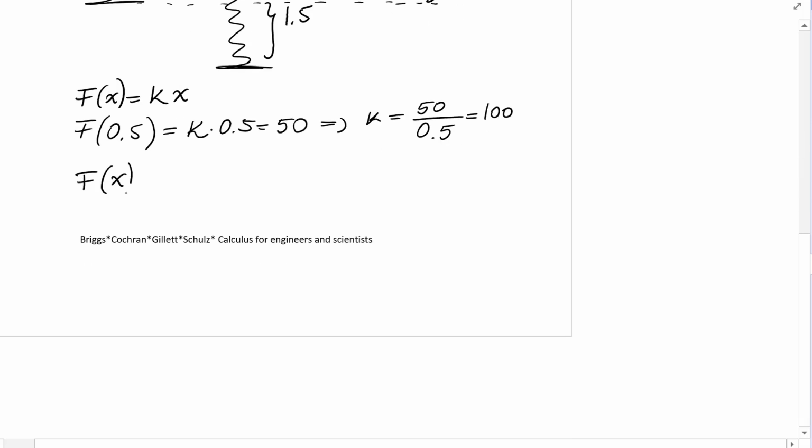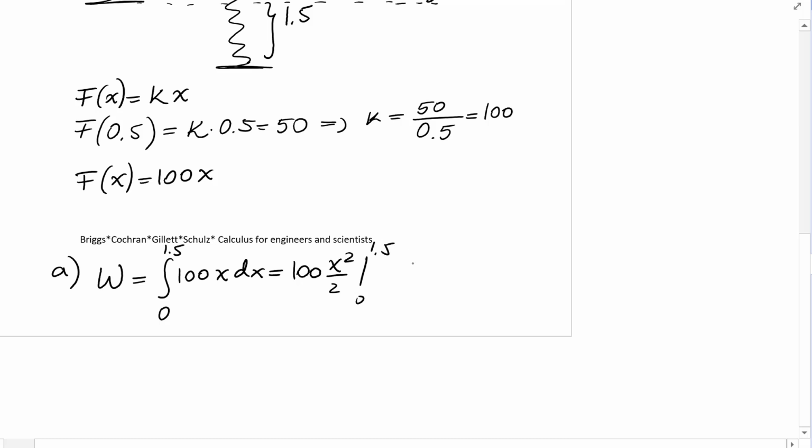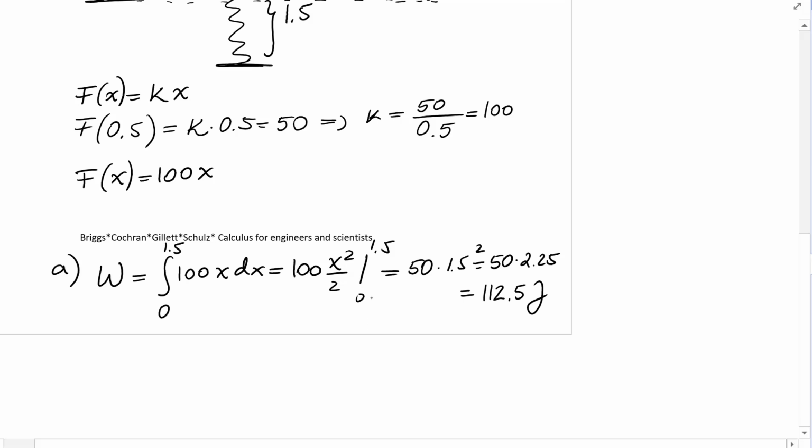The force now is actually 100x. In part A, to find the work needed to stretch it 1.5, it's going to be the integral from 0 to 1.5 of 100x dx. This can be quickly computed: 100x squared over 2 from 0 to 1.5, and this is equal to 112.5 joules.